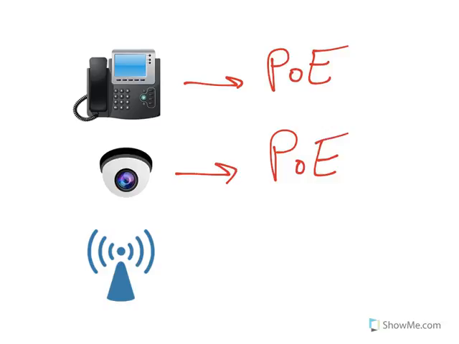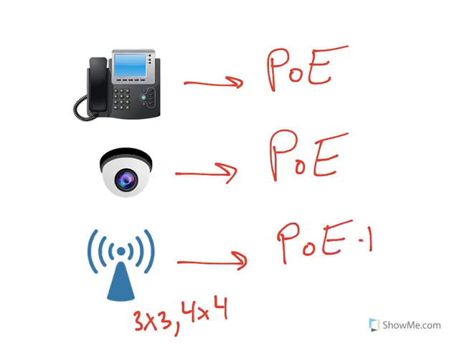The majority of them are PoE. And for access points, some of them are PoE, but if we're talking about the higher-end access points for 802.11ac and high-density environments, we're going to be talking about 3x3 or 4x4 access points, and those require PoE Plus. So essentially, these are the type of devices that we're going to be plugging into our PoE switches.